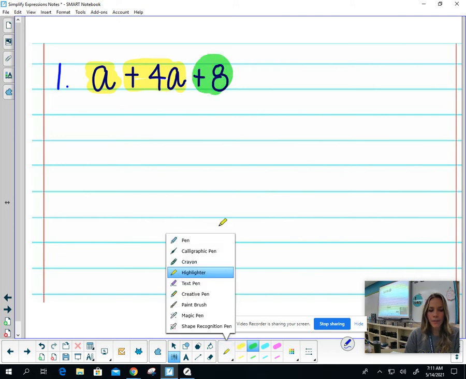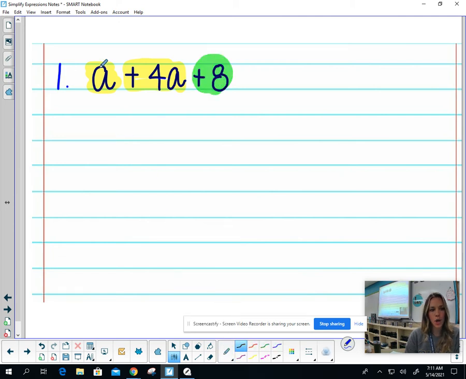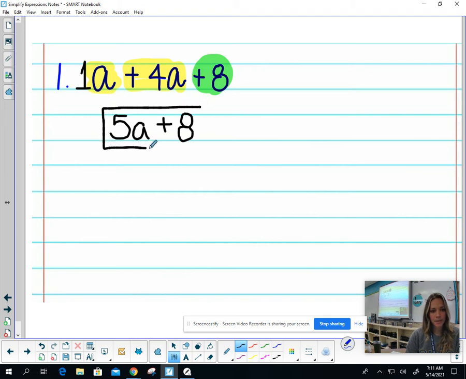Here I have to recognize that this A really represents that I have one A. It's an A plus 4A. So in total, I have 5 A's, and the 8 doesn't combine with anything, so I simply write plus 8. And that's it. That is my simplified expression. I arrived there because I combined like terms. Let's try another one.